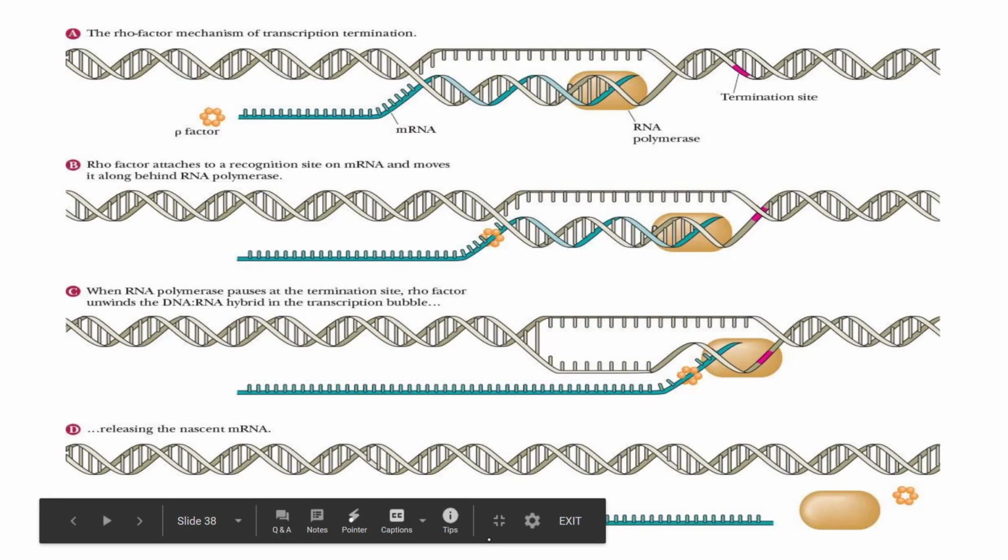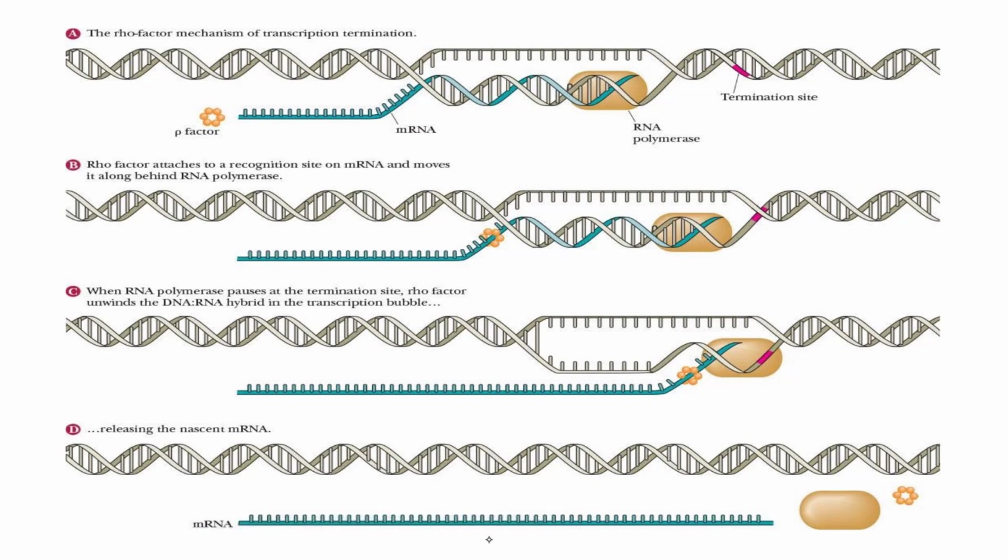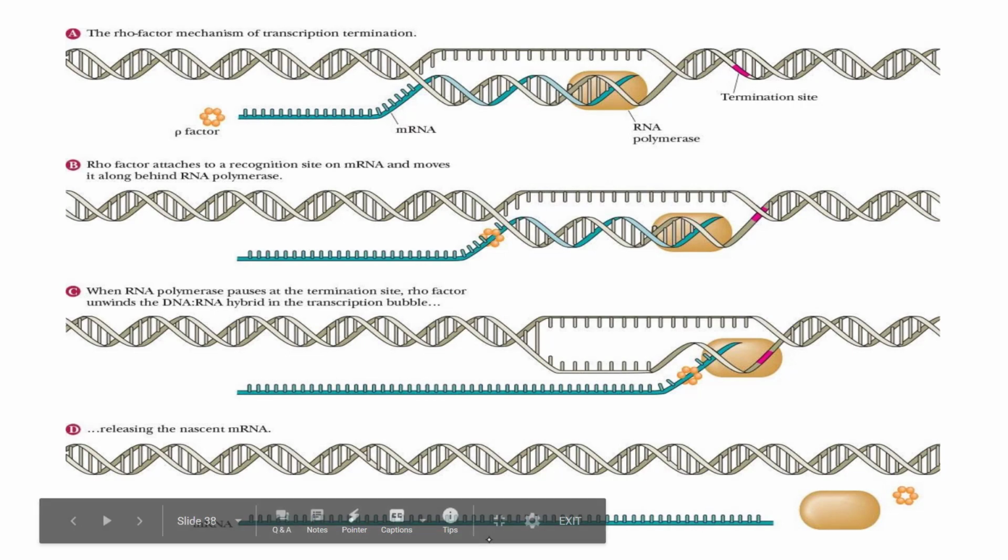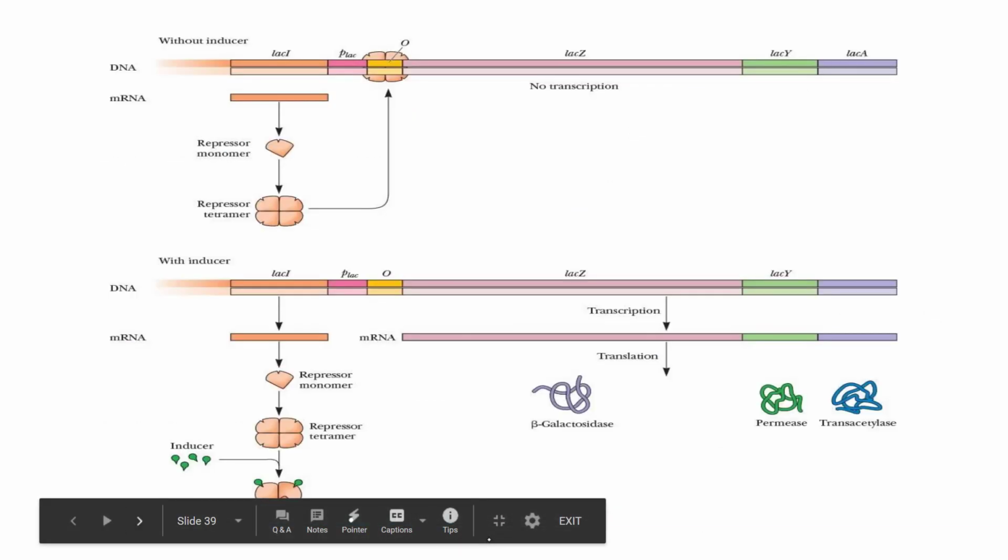And then I also talked about this rho factor, where it translocates along this piece of mRNA that's being created, and it's mRNA because we're in prokaryotes, and it catches up with your RNA polymerase and shuts it down.